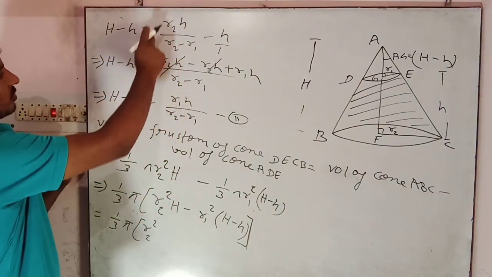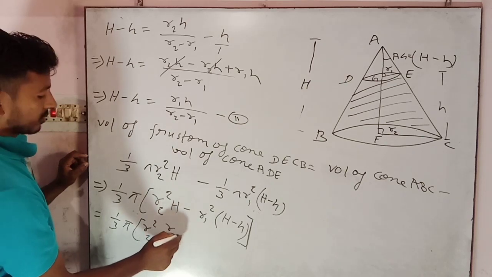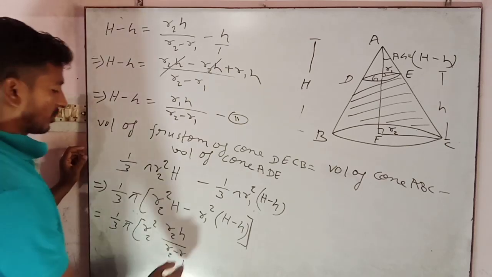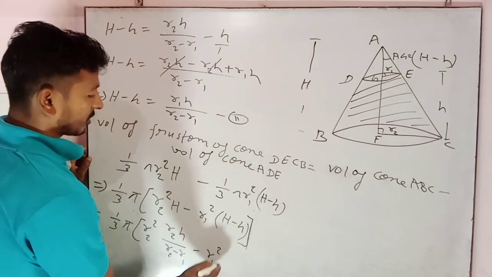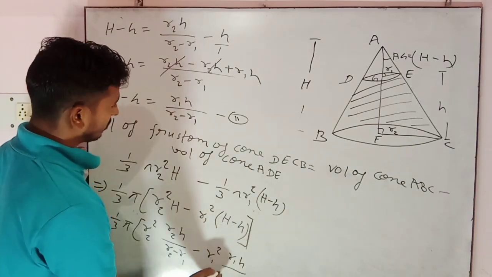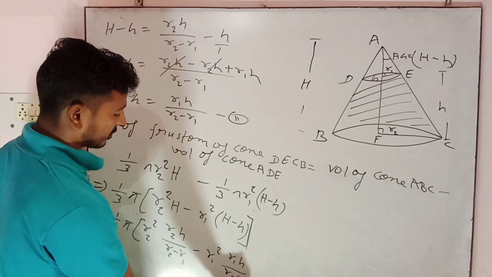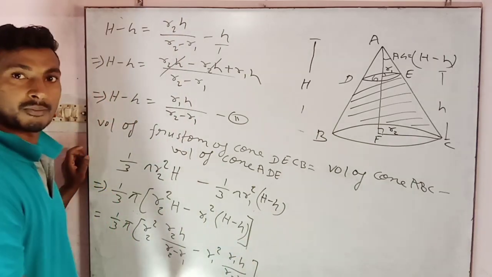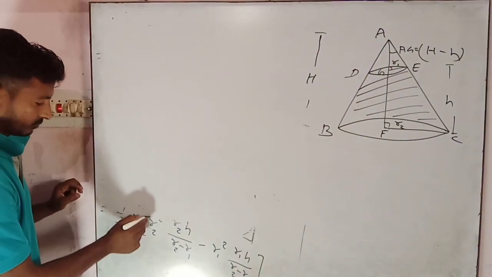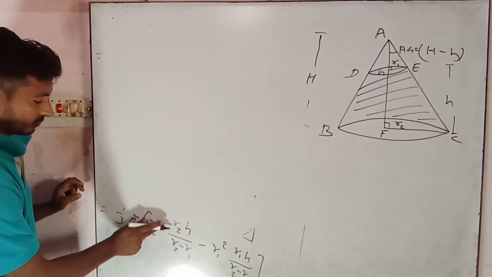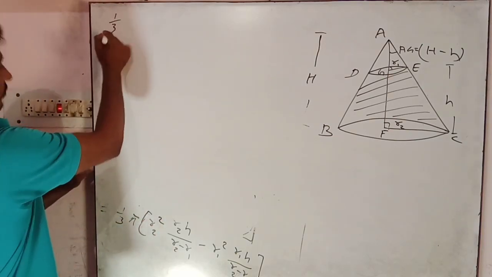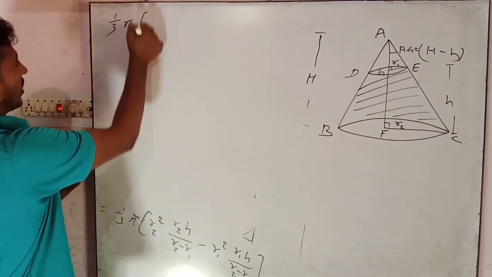Value of capital H was R2h by R2 minus R1, and H minus h is equal to R1h by R2 minus R1. 1 by 3 pi.